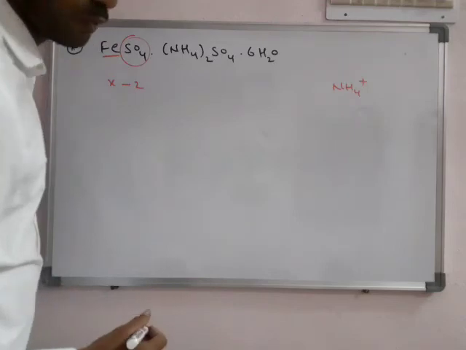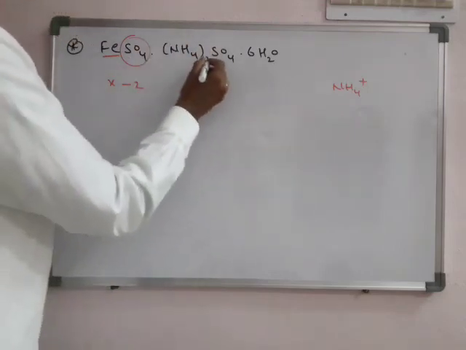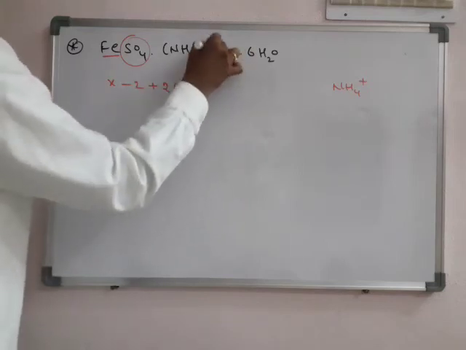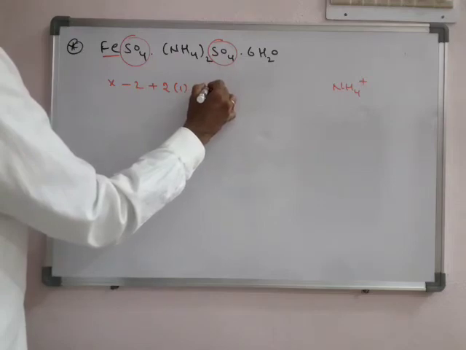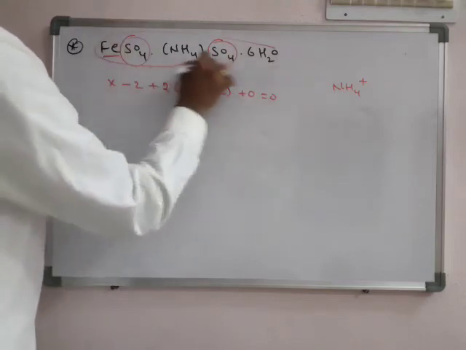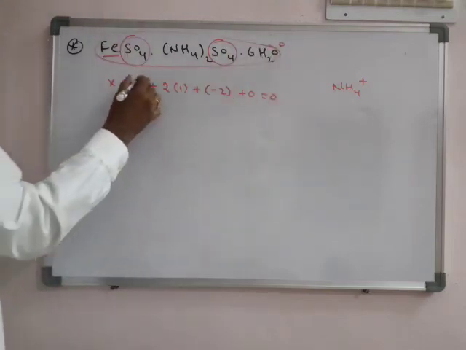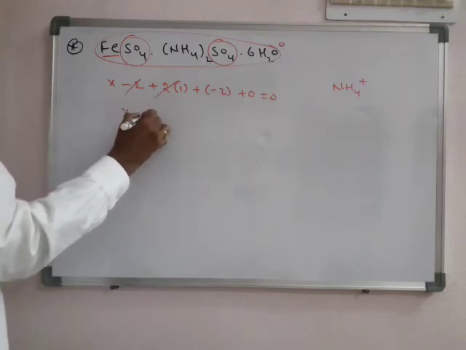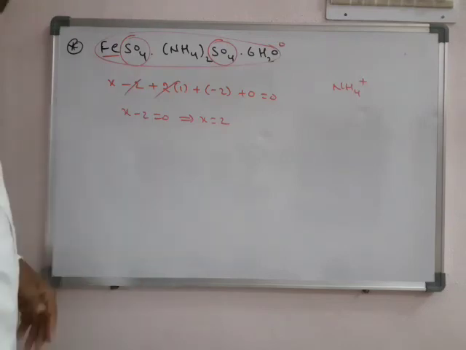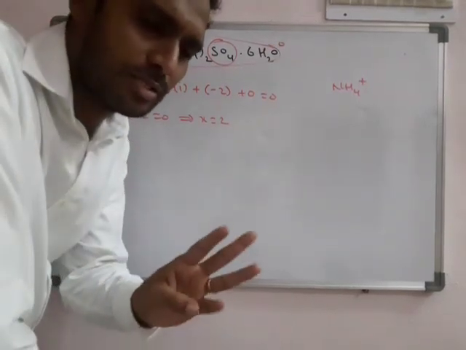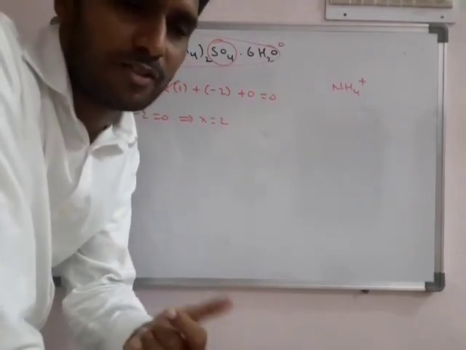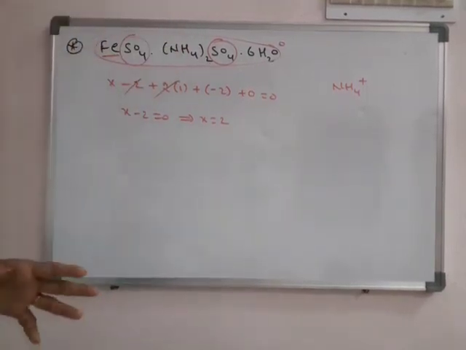Ammonium is always +1, and there are 2 ammoniums, so 2 into 1. Again SO4 is -2, water is 0, overall charge is 0. Here iron is in ferrous form, so iron has only 2 choices, +2 and +3, ferrous and ferric, when not in free form or in carbon monoxide.